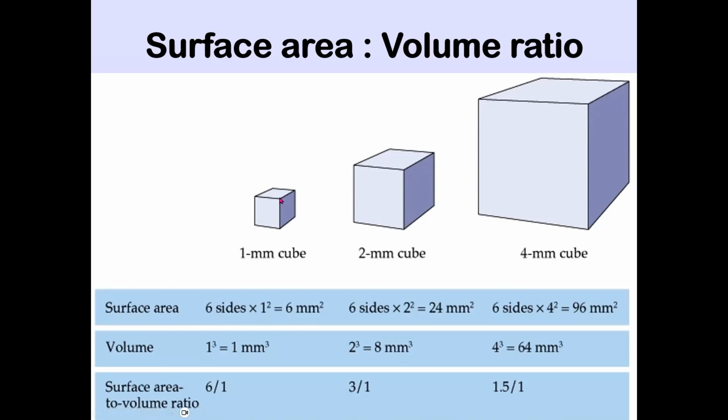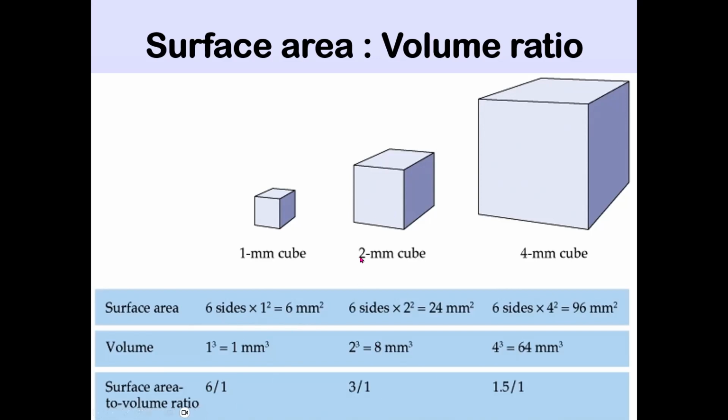The volume is the height by the depth by the width. In this case, 1 by 1 by 1 millimeters, so it's 1 cubic millimeter. So the surface area to volume ratio, which is what we're after, is 6 to 1.